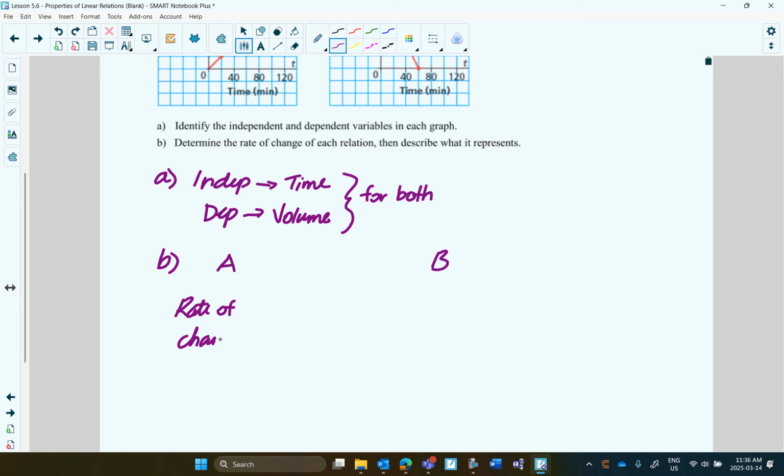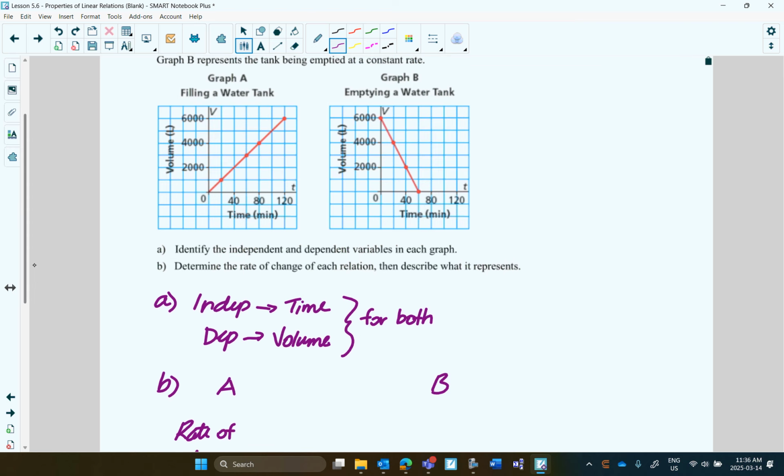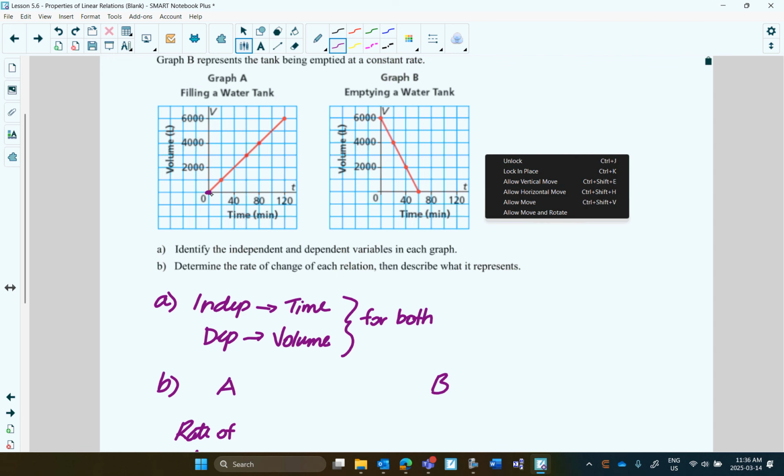So you need 2 points. Let's look on graph A for 2 points. Looks like we've got lots to choose from, because there's one shown here, here, here, here. I like to use this one. Why? Because it's both zeros. It's easy to work with.